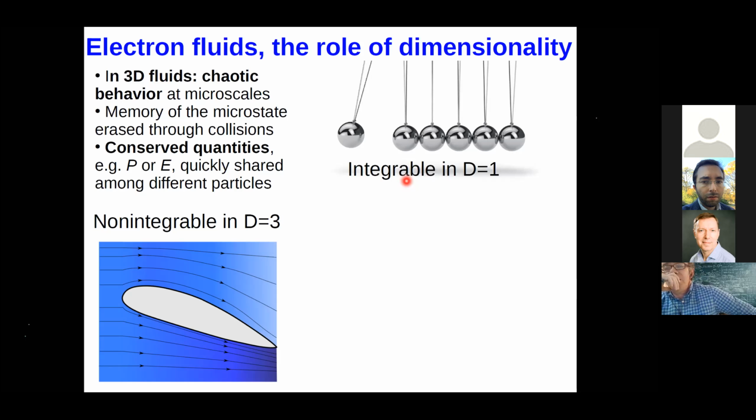The information is not erased at all, and that's a signature of an integrable system. So there is no hydrodynamic behavior in that system in the usual sense of the word. There is no erased memory about microstate and behavior described by conservation laws.